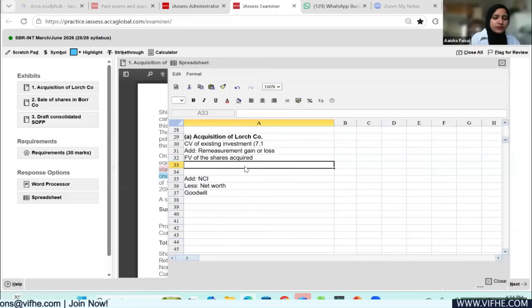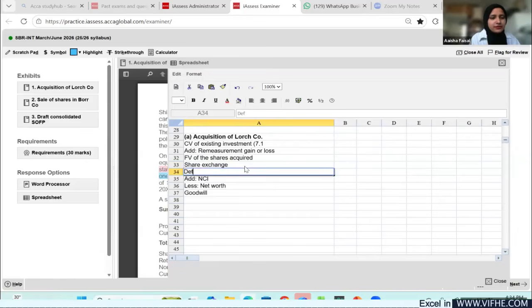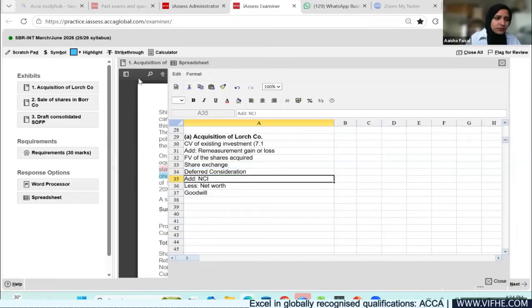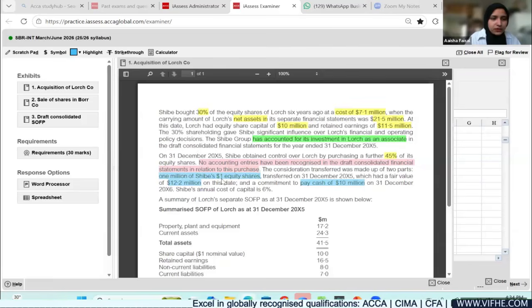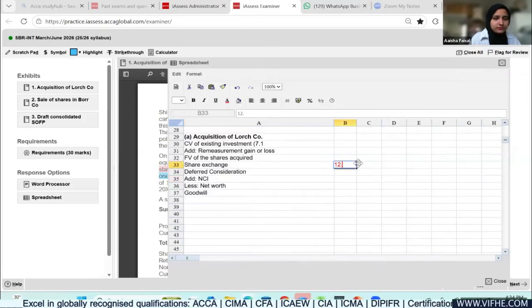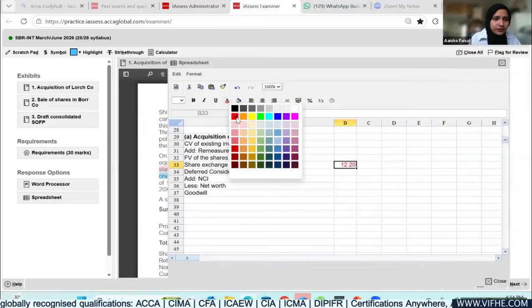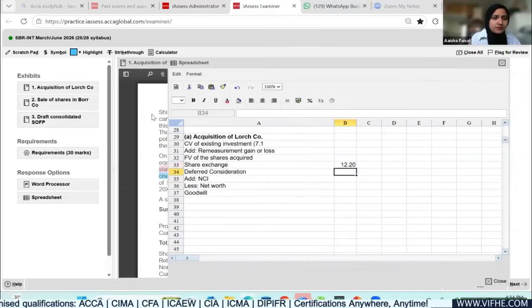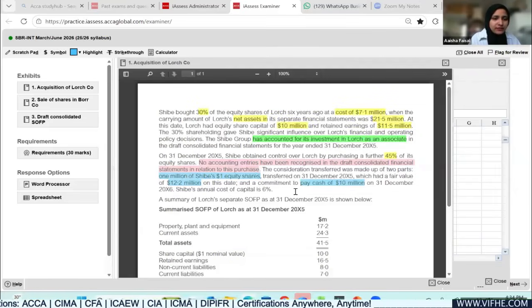Anyway, fair value of the shares acquired. So I have a share exchange, and then I have deferred consideration. Share exchange was how much? 12.2, and cash was 10 million divided by 1.06, the cost of capital.